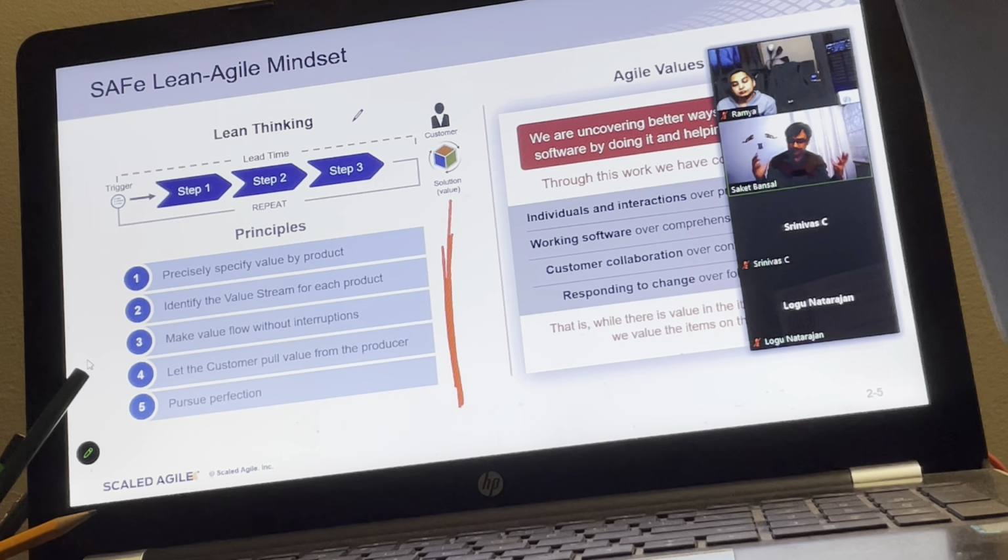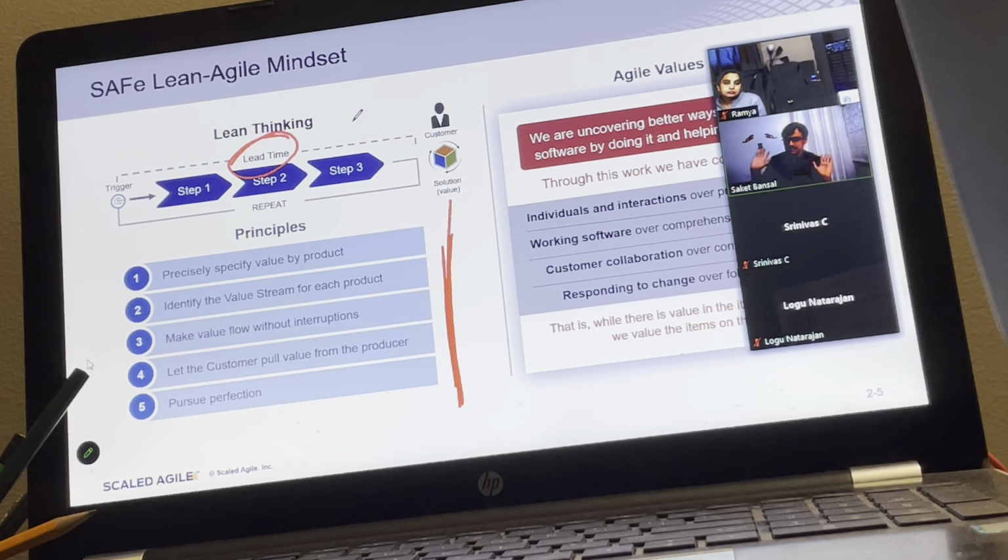We need to identify value by product, understand the whole sequence of things which results in that product, identify the interruptions and remove them as much as possible, ensure the customers get the delivery at the end and can pull it, and continuously keep improving toward perfection, reducing the lead time on a regular basis, and keep identifying where the delays are, what causes them, and how we can remove them.